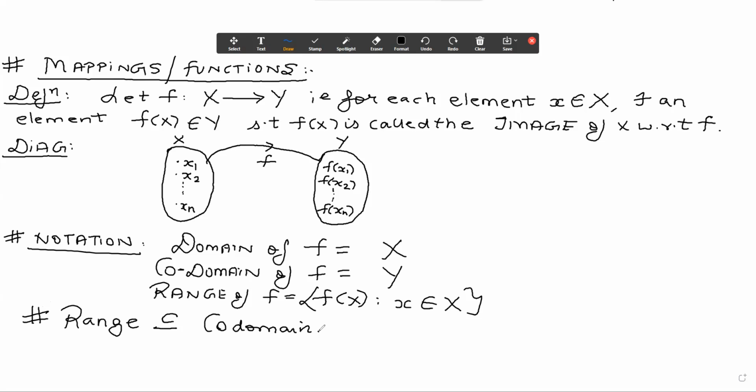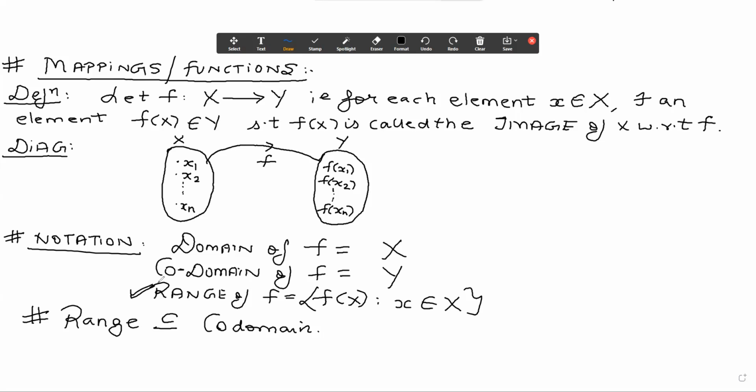Codomain consists of the whole Y. But within that, the elements which are receiving arrows is called the range.